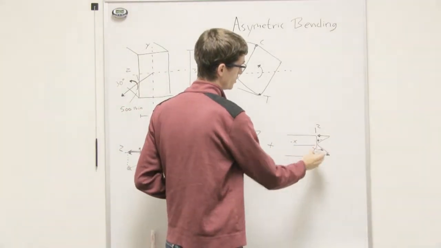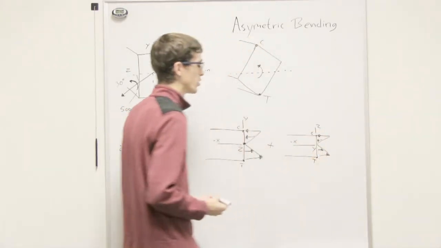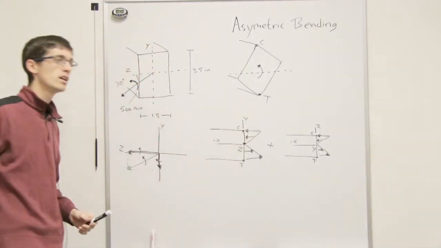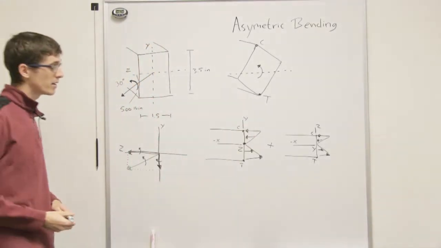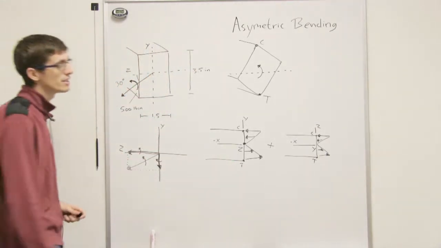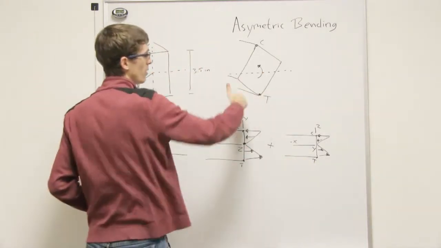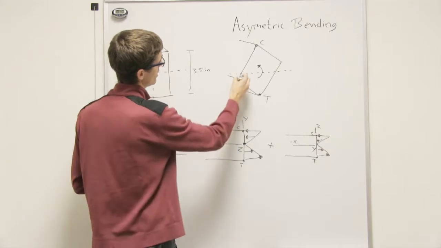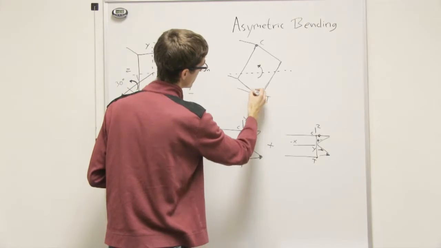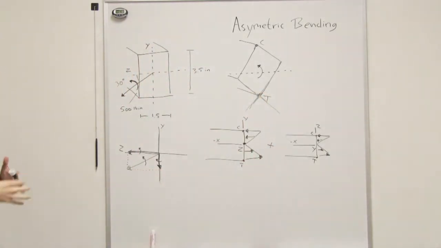Again, you'll have compression up here and tension down here. If we want to find out what's happening in this tension corner, let's solve for the tension from the moment about the z-axis and the tension from the moment about the y-axis, and then add them together, and that'll give us the tension right there in that corner. That would be our maximum tension in this case.